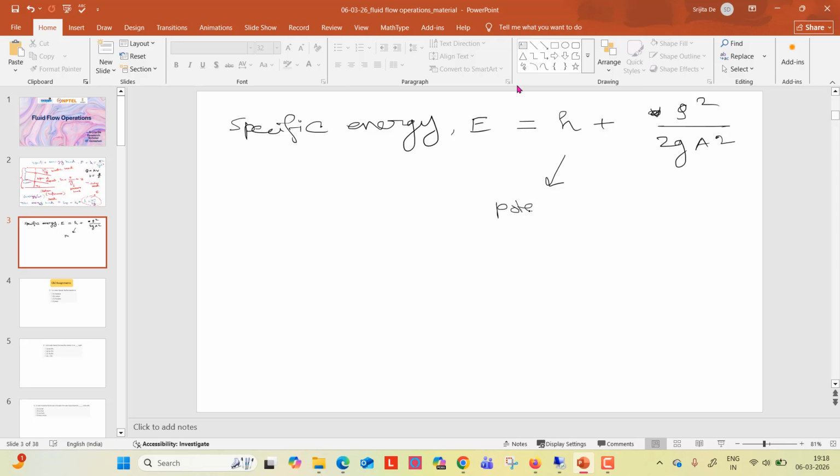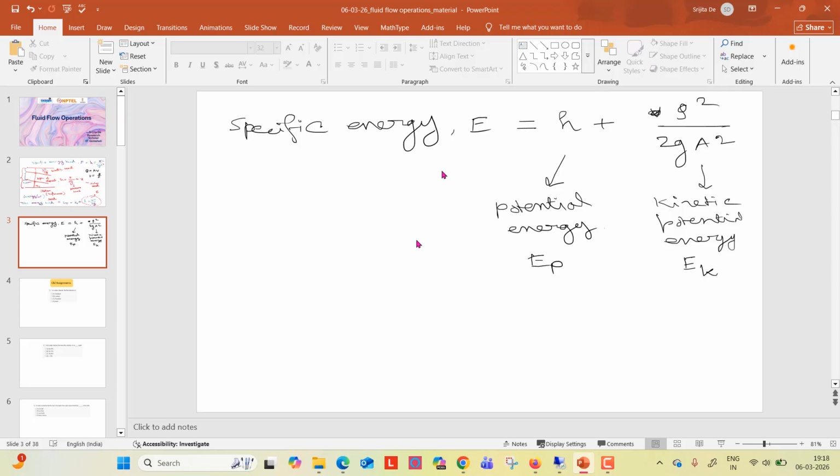This H is your potential specific energy, and this portion is the kinetic specific energy, because it has some velocity term associated with it. So you can remember it as EP and EK.